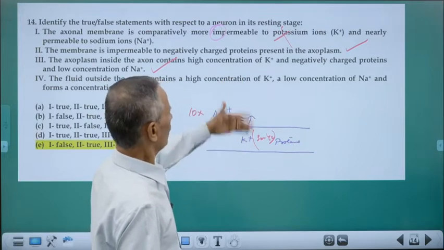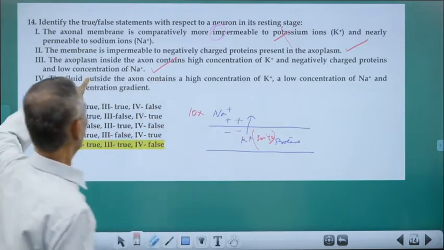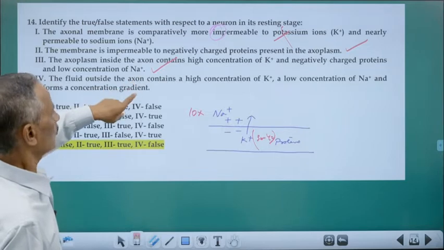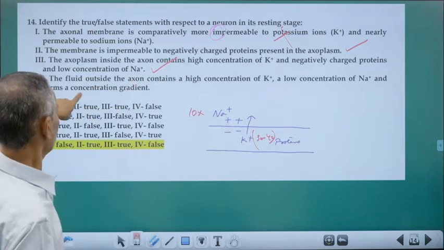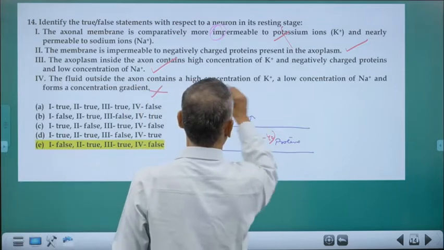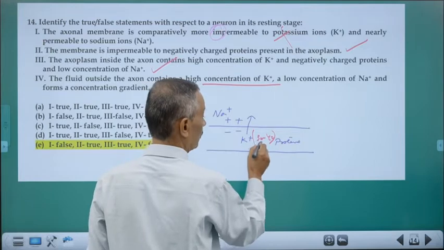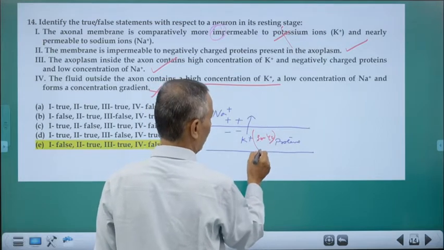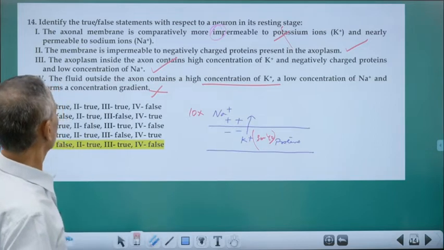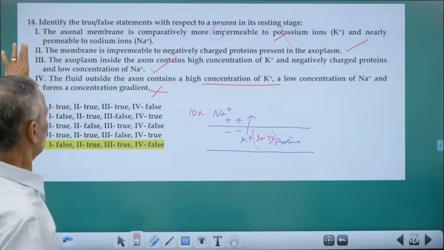That potassium outflux is causing the outside to be positive. The fluid outside the axon contains a low concentration of potassium. Potassium is 30 to 40 times higher inside than outside, so that is also wrong. So the first and the last are false, the others are true. 2 and 3 are true.